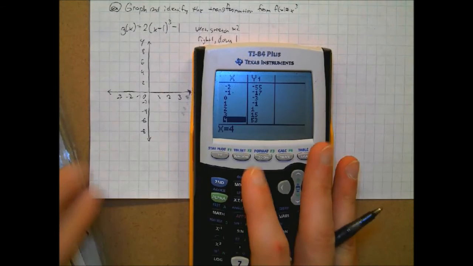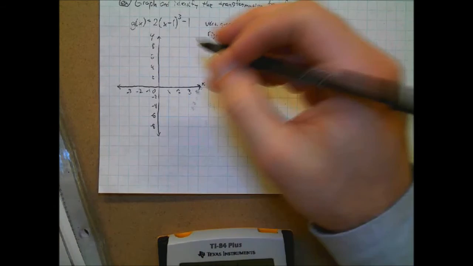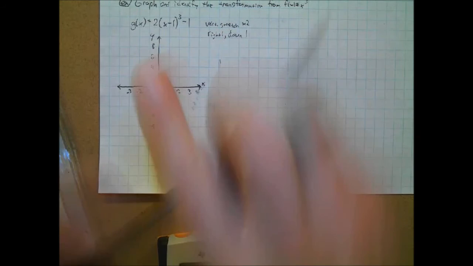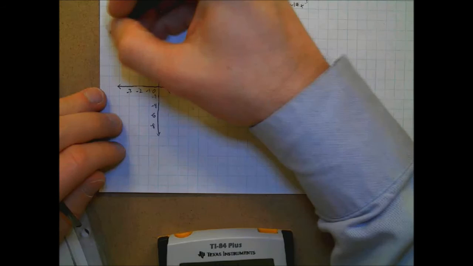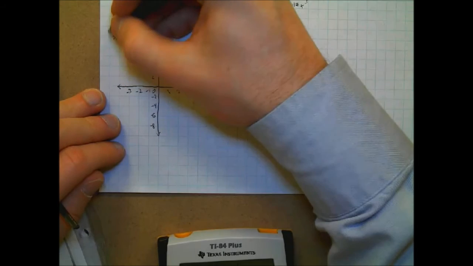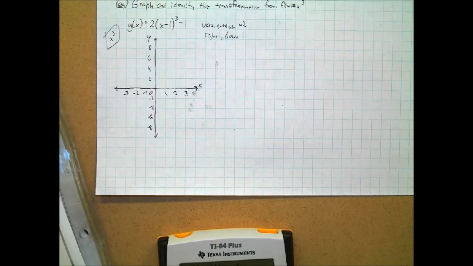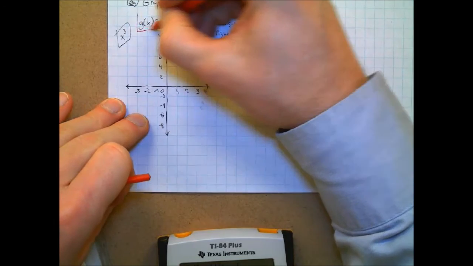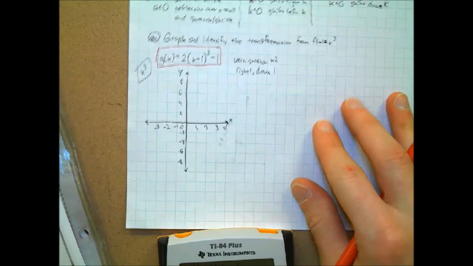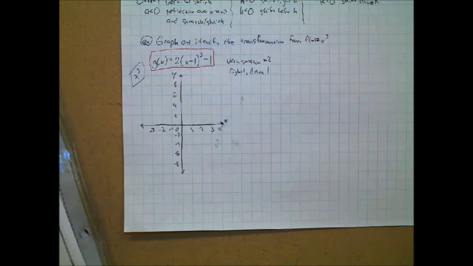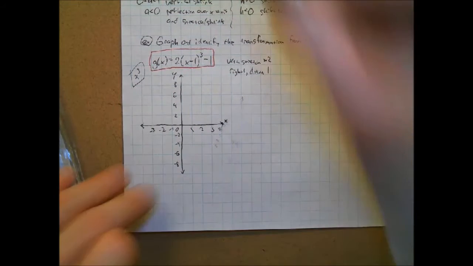All right, let me just regraph here. I'm going to graph x cubed, just so we can see the transformation in black, and then I'll graph the g of x, our transformed function, in red, so we can see them over top of one another. You don't have to do both, but I'm just going to do both here, so that way we can appreciate the transformations. All right, so x cubed, I'll just use those old points that we talked about earlier.